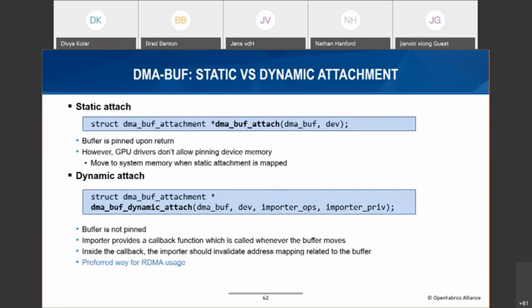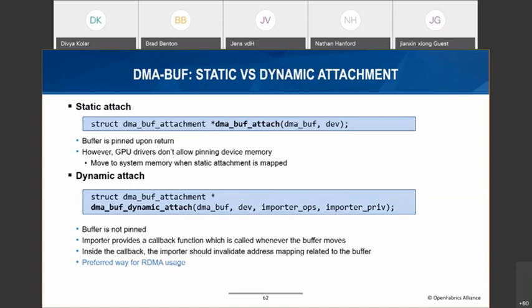So to support this, basically the NIC has to have some functionality like on-demand paging support. It has to handle the situation where the internal entries for that memory region could be invalidated.